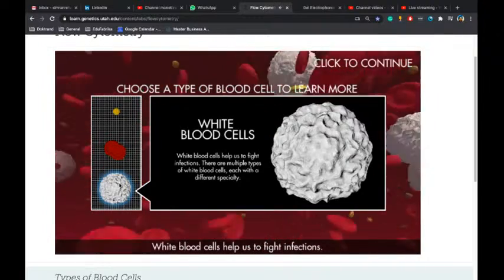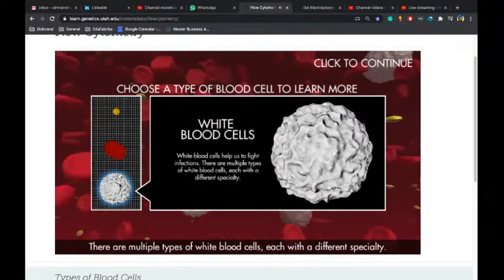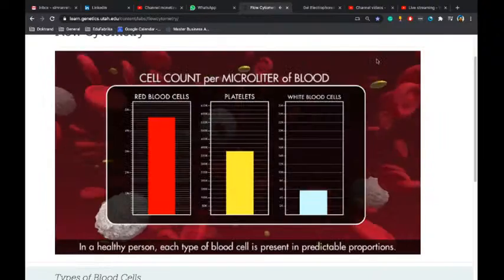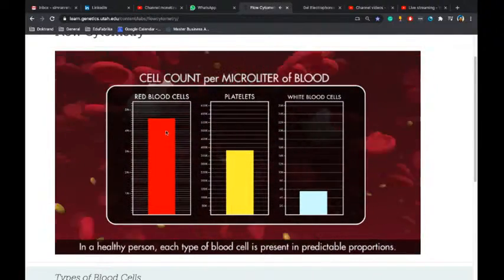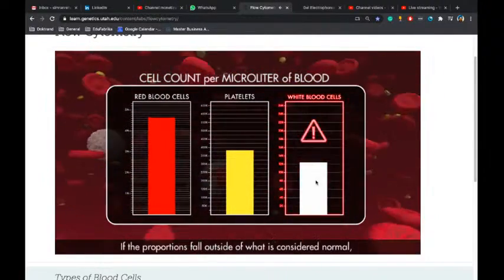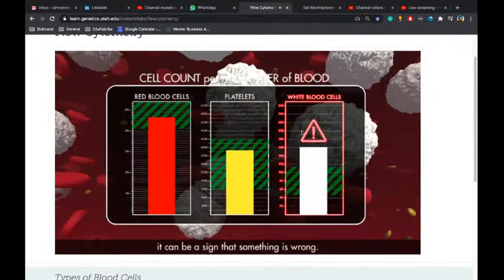White blood cells help us to fight infections. There are multiple types of white blood cells, each with a different specialty. In a healthy person, each type of blood cell is present in predictable proportions. If the proportions fall outside of what is considered normal, it can be a sign that something is wrong.